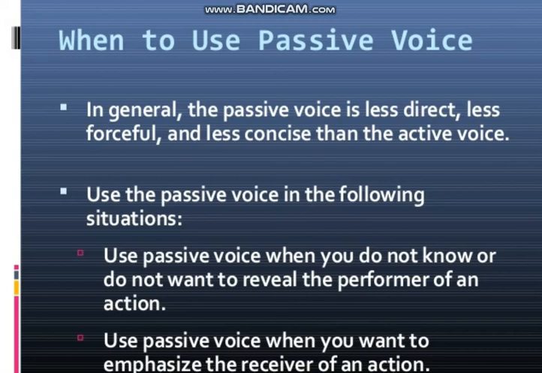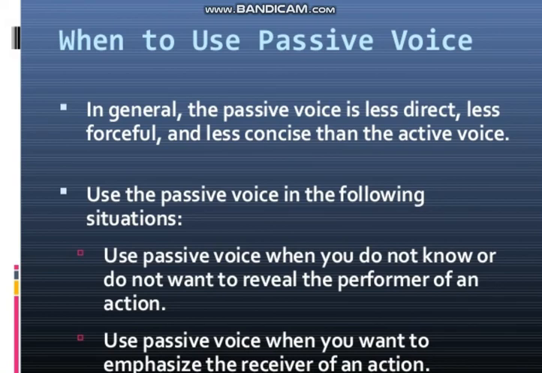Use passive voice when you want to emphasize the receiver of an action. If you want to focus mainly on the receiver of the action, then you can also use passive voice. Let's suppose someone asks you who beat Sarah, and your answer would be that Sarah was beaten by, and the emphasis would be that Sarah was beaten.